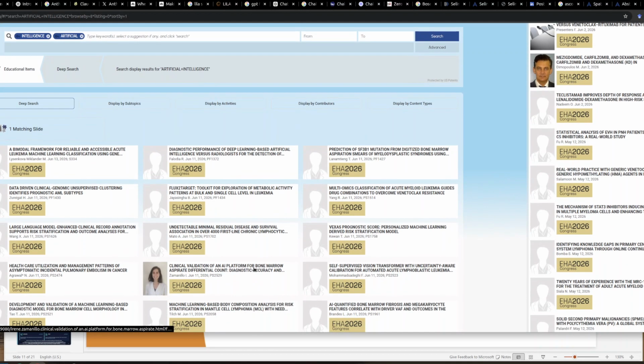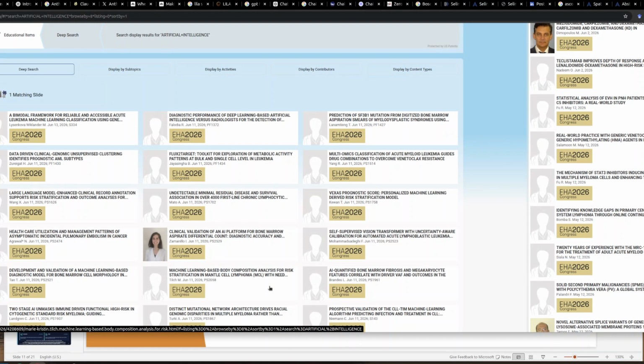You can see there is an insane number of abstracts, talks, or posters presented with active integration of artificial intelligence. This is something that was probably unimaginable even around 2 years ago. This is an insane number of them.